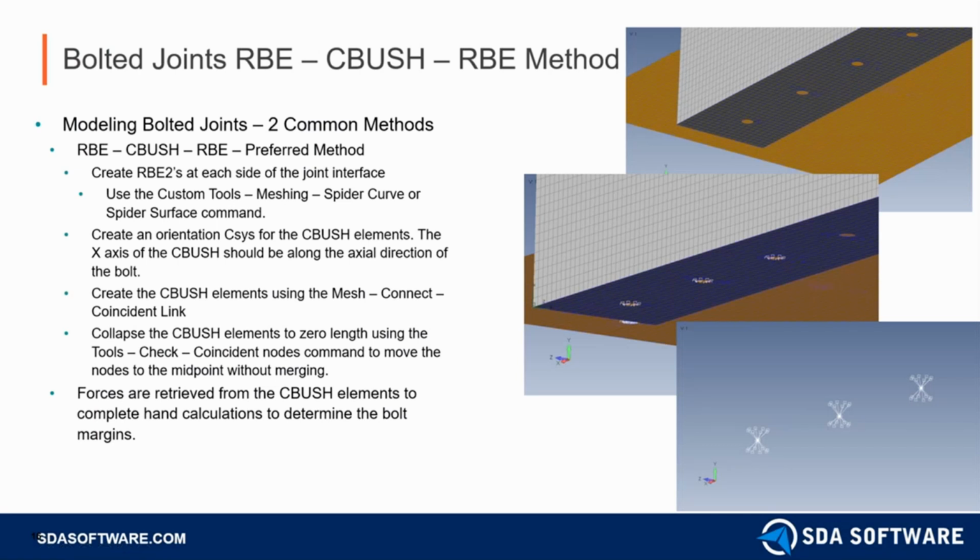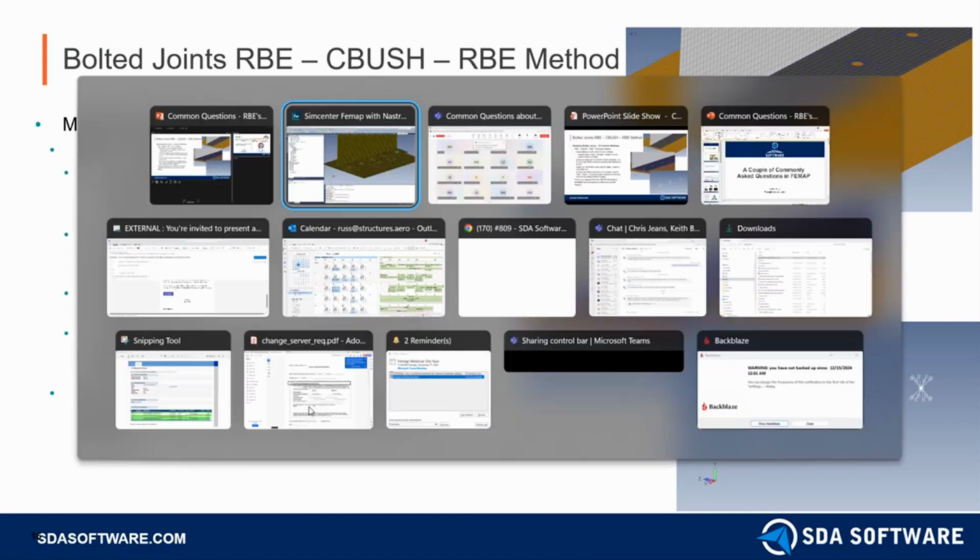If you're a good programmer, you could create this entire API that starts with holes and two interfaces and ends here with only a couple of button clicks. And then again, for the results, we would just grab bush forces and complete hand calculations to determine both bolt suitability or the joint suitability.